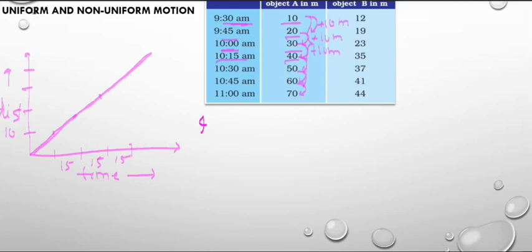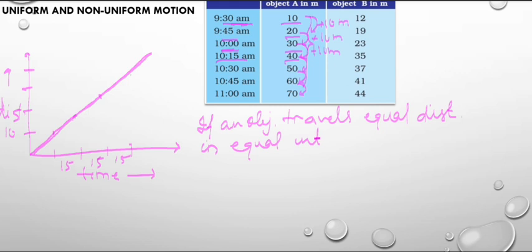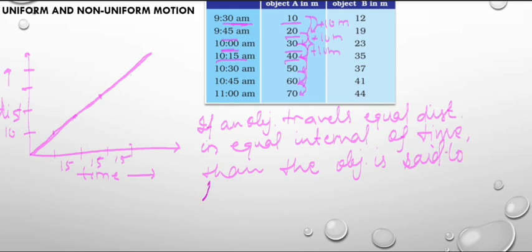We can define it as, if an object travels equal distance in equal interval of time, then the object is said to be in uniform motion.